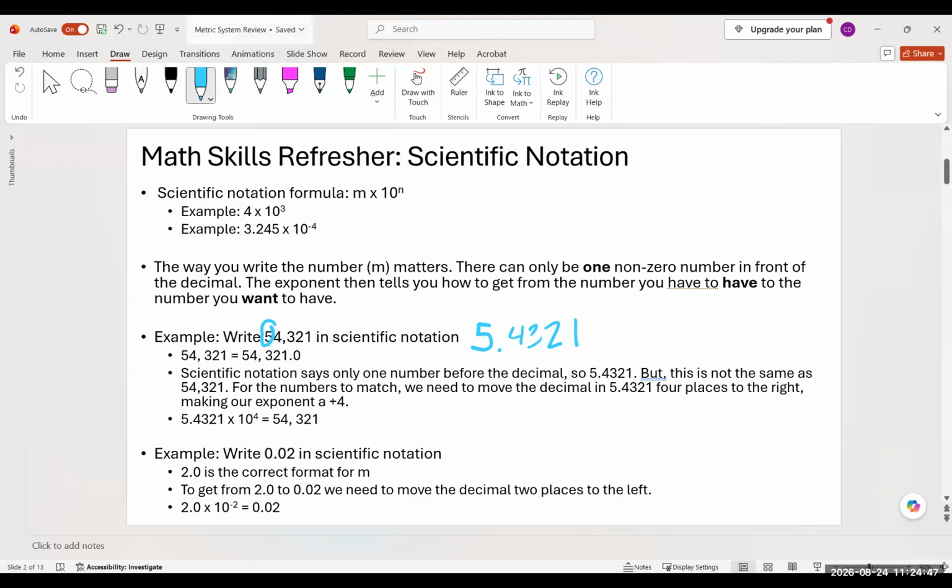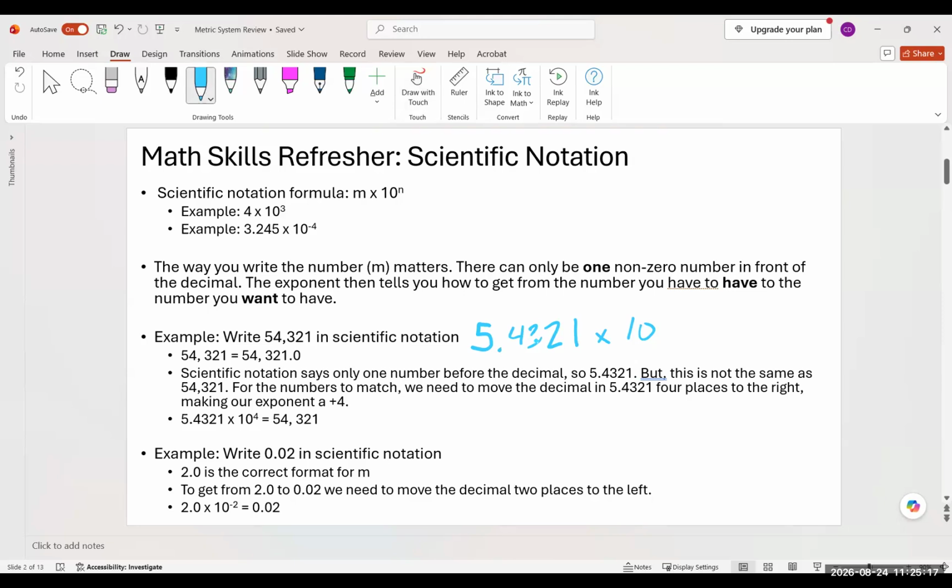Now we write the times 10, and we need to figure out what that exponent is. How you do that is you figure out how many places you would need to move the decimal to get back to that original number. Here's how I think about it. Scientific notation dictates I put that decimal right here after the 5. But where does the decimal want to be?